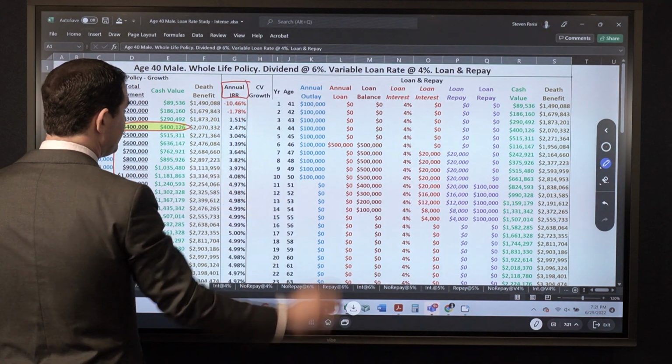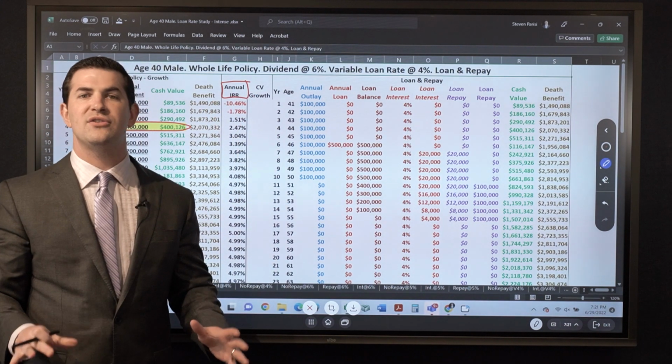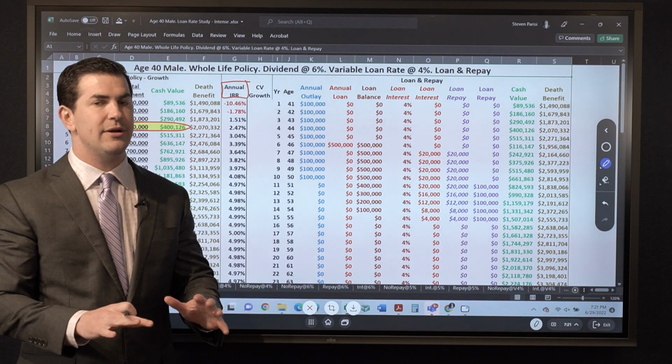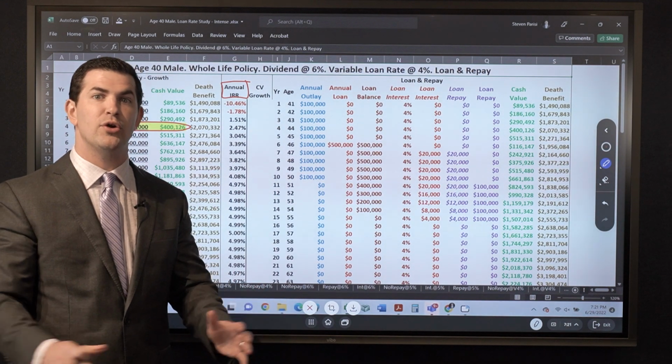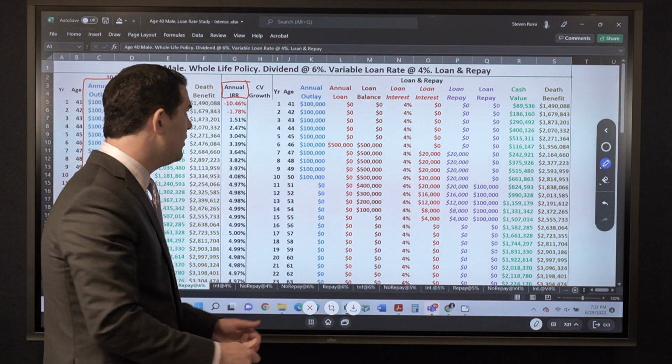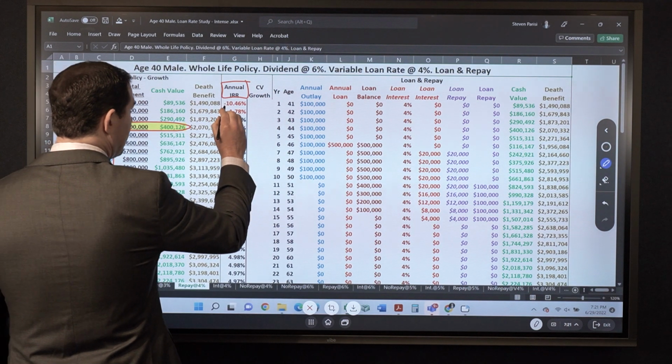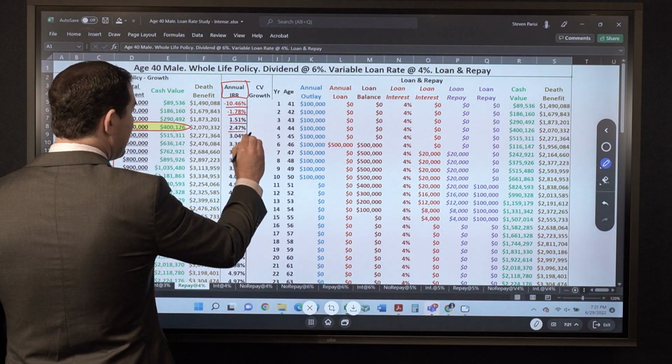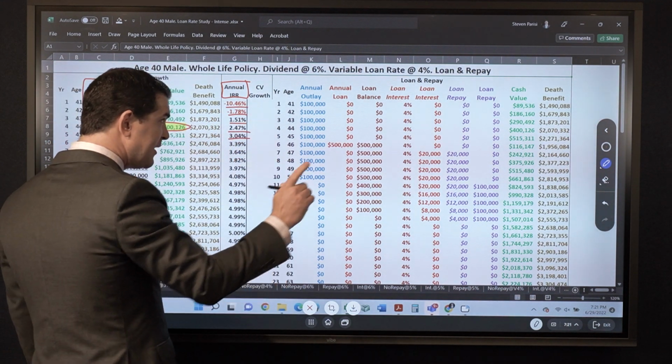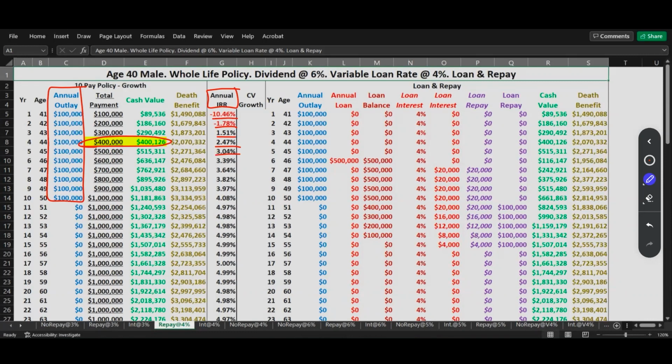Annual IRR. So this isolates what the policy is growing by each year, not the average internal rate of return. That'll account for all years, but this is just the annualized IRR. And why we're only looking at it in this example is because when we isolate the cost to borrow, what I'd like to focus on in this video is what am I earning that particular year versus what am I paying in loan interest that particular year.